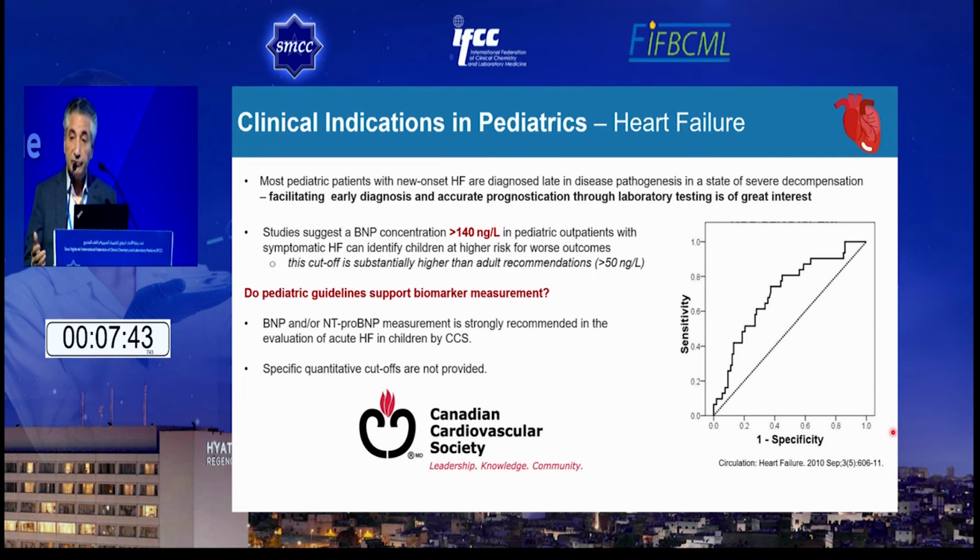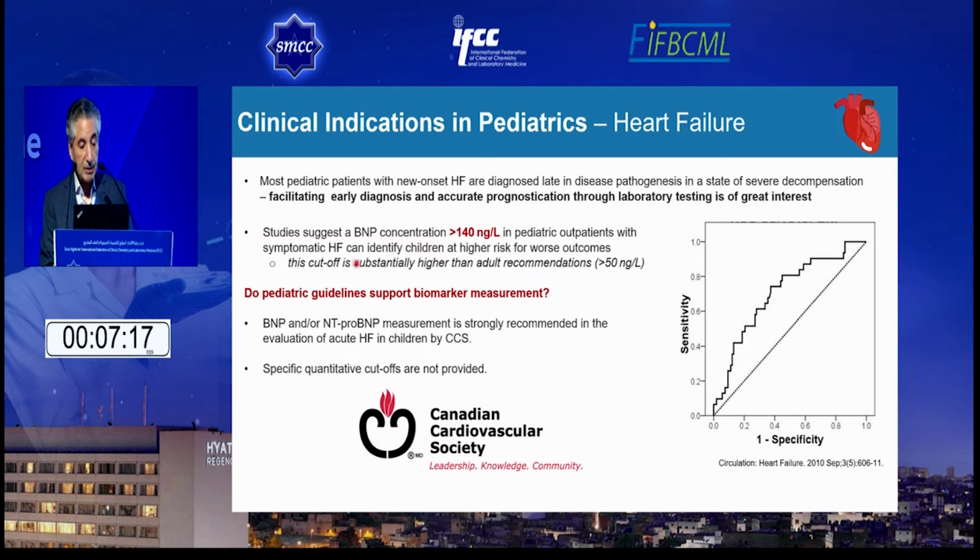Now, in the case of heart failure, I'm going quickly because of time. In the case of heart failure, most pediatric patients with new onset heart failure are diagnosed late in the disease pathogenesis. But if one uses the cardiac markers like NT-ProBNP and BNP, you can actually diagnose the condition earlier.